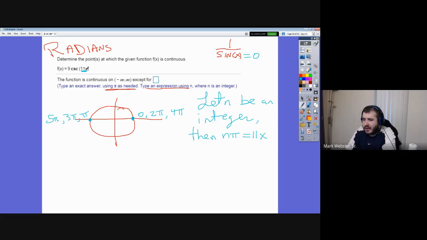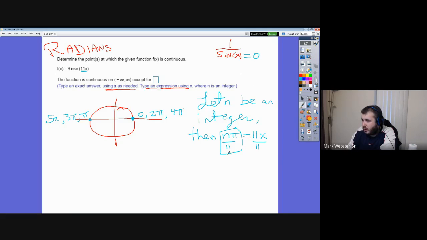And we just need to say, okay, we want 11x to be this, so let's figure out the x value, and then we can just divide and solve for x. Divide by 11, right? And so this right here is what they're looking for, because they're saying type an exact answer using pi as needed, and type an expression using n, where n is an integer.